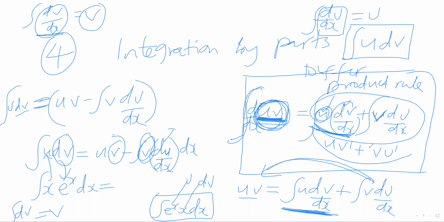Of course, we have du dx here, which means you'll just be differentiating the u function you choose. So if you choose u to be x, your du dx is going to be 1. And if you choose this to be your dv, the integral of that is what? It is itself. The integral of this exponential function is itself.